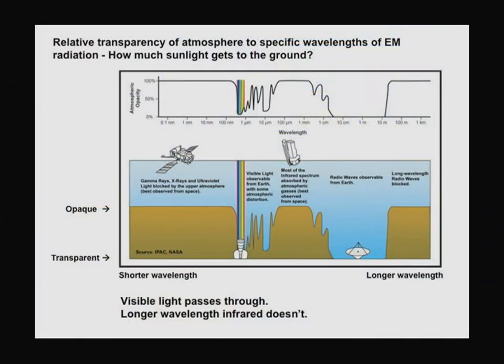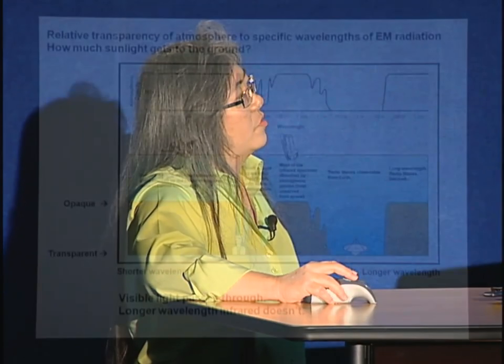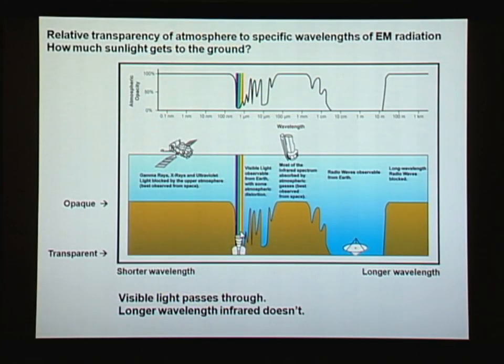Here's our spectrum again. In this case, the longer waves are on the right side and the shorter waves on the left side. So it's backwards of the other diagram. And if we look at the visible part of the spectrum, it's coming in from the sun, and we could see it if we stand on the ground.